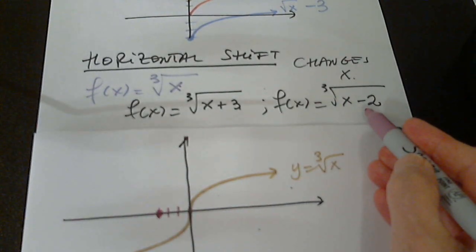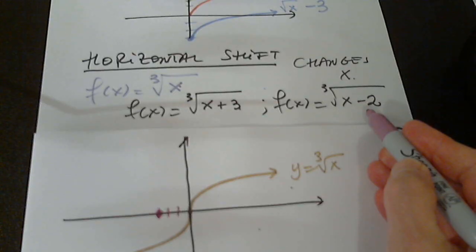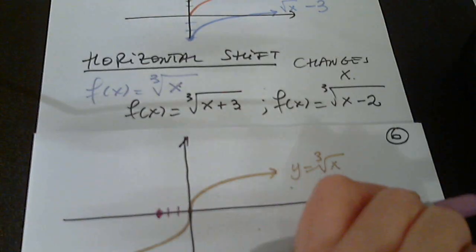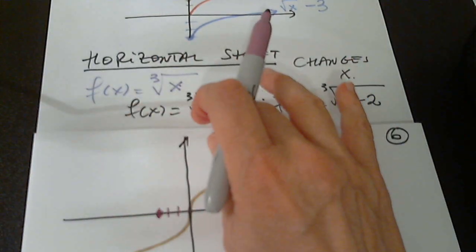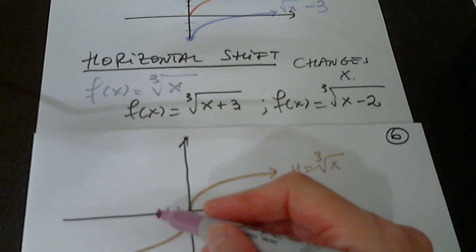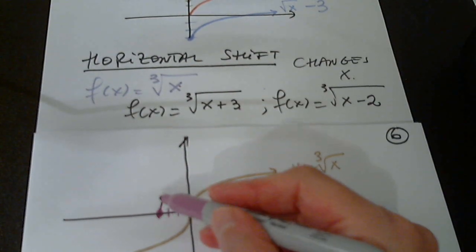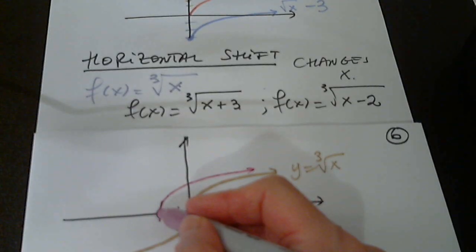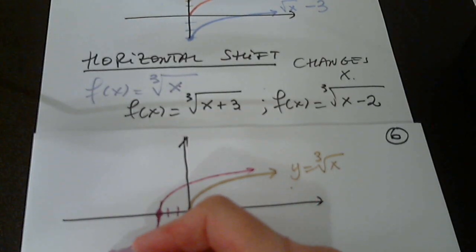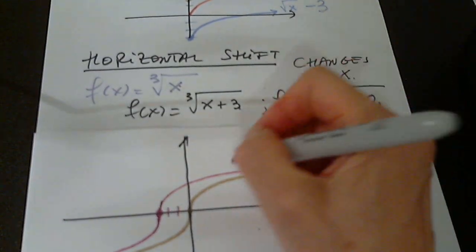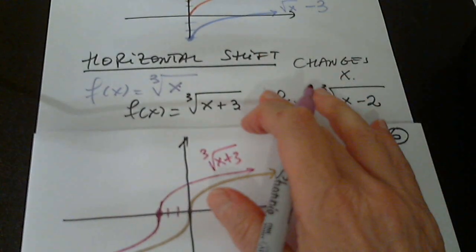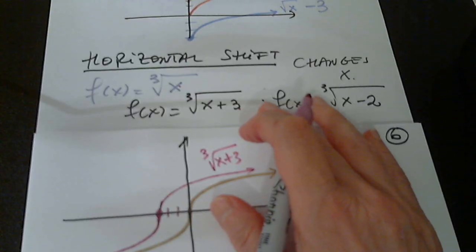Where is the x-intercept for this one? When x... No. Yes, that's why this one will be a shift to the right of 2. So let's graph this one first. This graph is the cube root of x plus 3, because again, we are looking for the x-intercept.